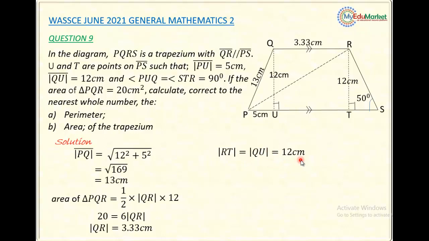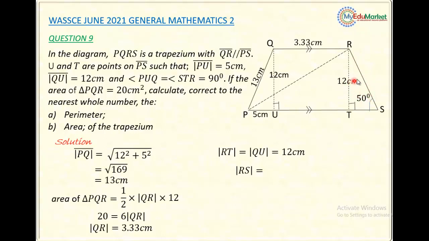Now I'm going to use this right angle triangle. I have this side 12, and this angle 50 degrees, with 12 opposite to the angle. I can get RS using my trig ratio.